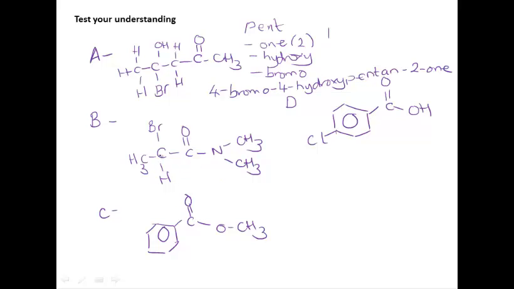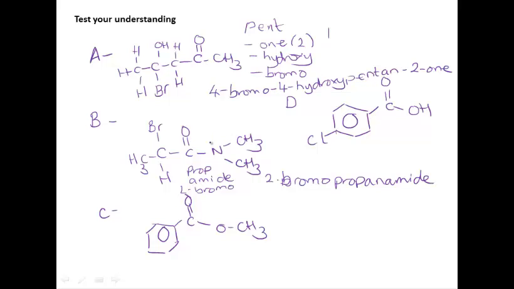B, we've got 1, 2, 3 carbons, so we're going to have a prop. It's an amide, so there's going to be amide in there, and there's also going to be bromo. We're going to put the amide group as being the priority at the beginning of the chain, so therefore the position of the bromine is going to be relative to that, so that's going to be in the 2 position. So you're going to have 2-bromopropanamide.